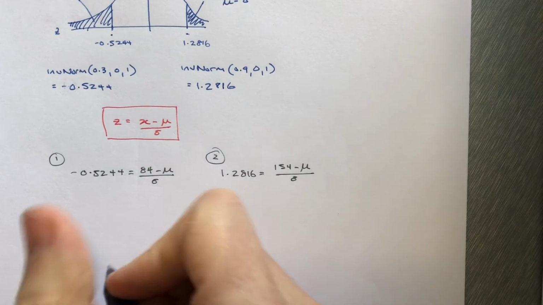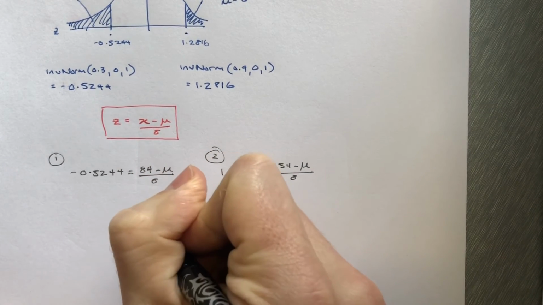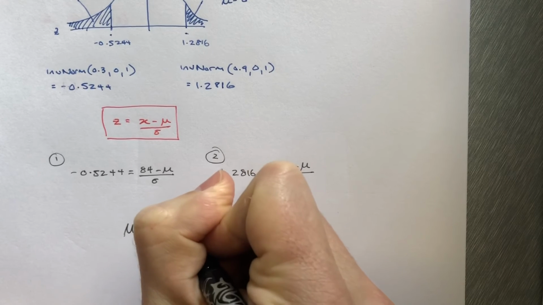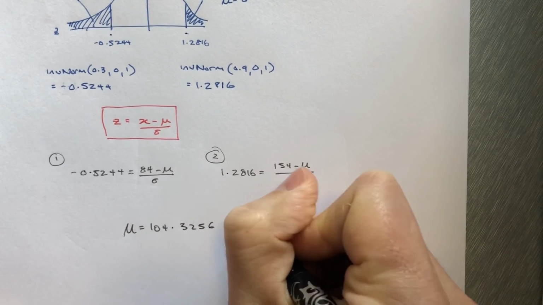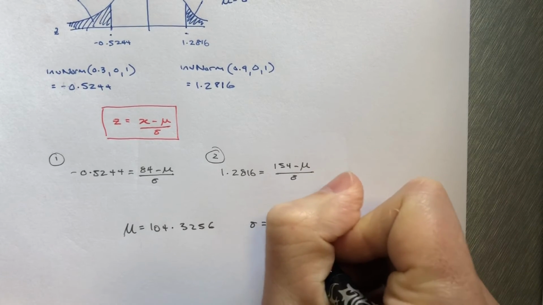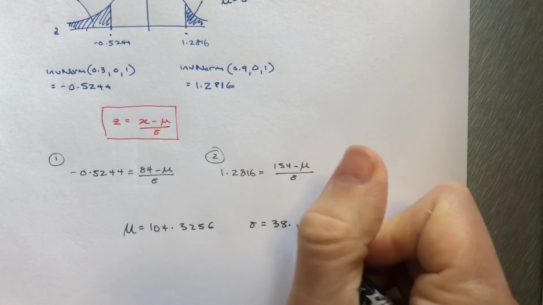Once you put it in, your calculator is going to say that your mean is 104.32586, and our standard deviation is 38.7597.